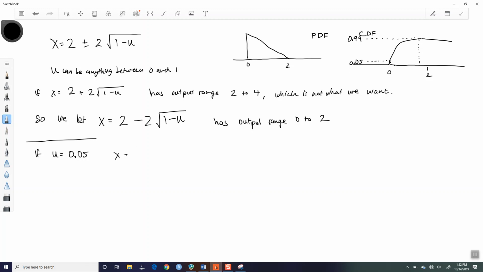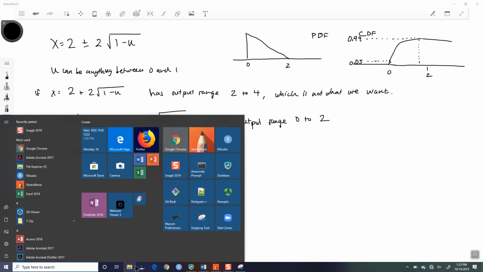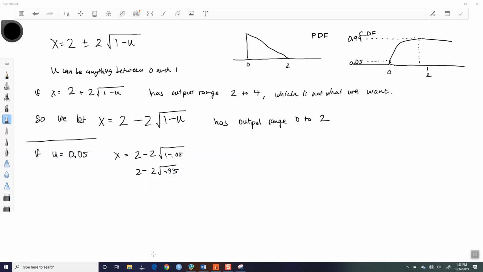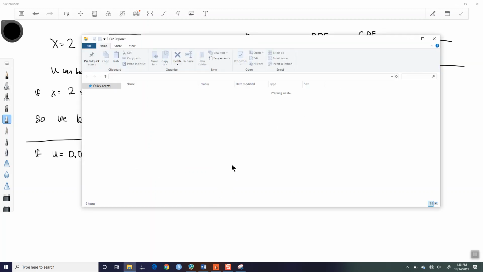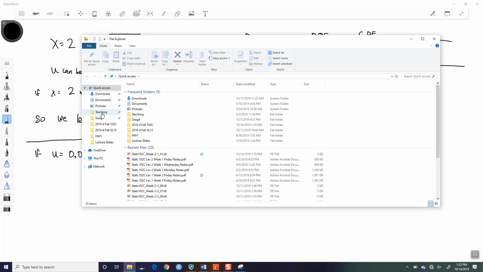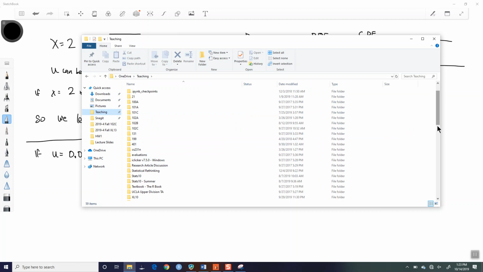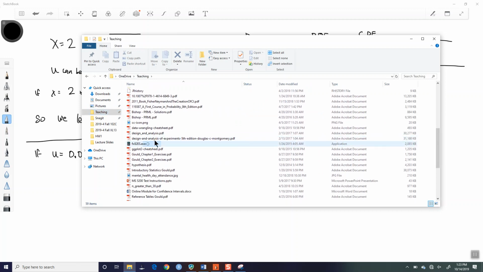So x is going to be 2 minus 2 square root of 1 minus 0.05. So 2 minus 2 root 0.95, I don't know what that is. Square root of 0.95 times 2, what is that? It's like almost 2, but I don't know. Here's my calculator.